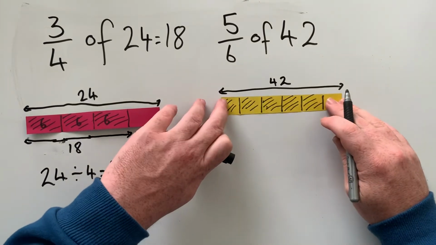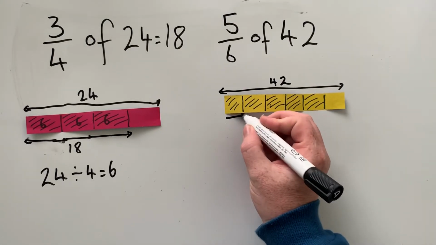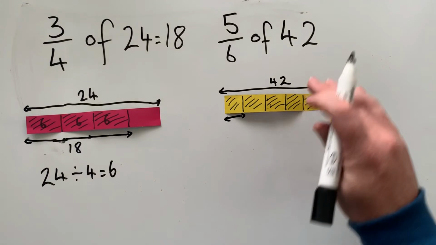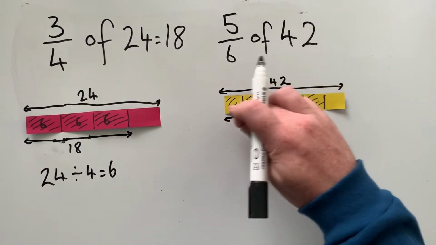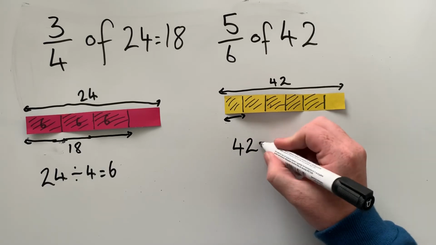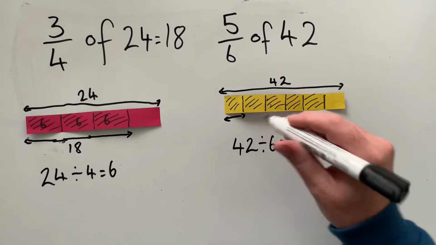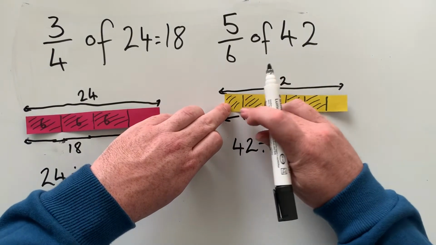Okay, so there's 5 groups. And we need to find the total. So we'll start off finding how much is in just one group. So 42 our total, shared equally amongst 6 groups, is 7.